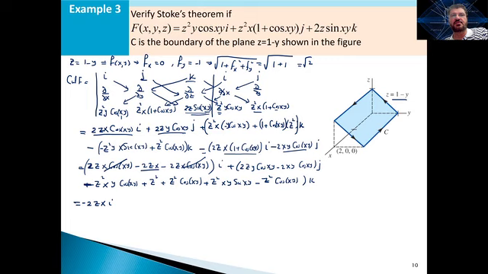Here it is 2zy cosine xy. And when you go back here, this is 2zy cosine xy. So this one cancels that, 0.